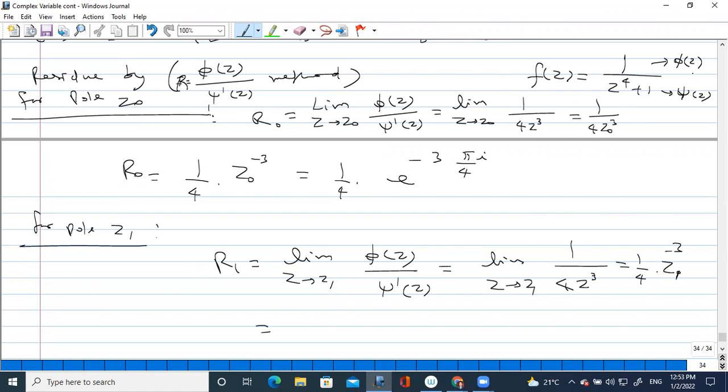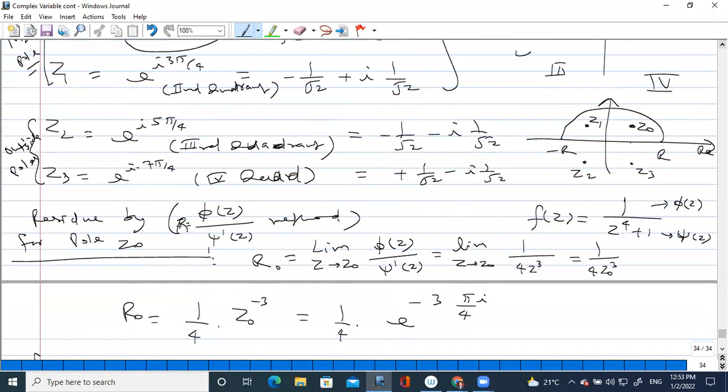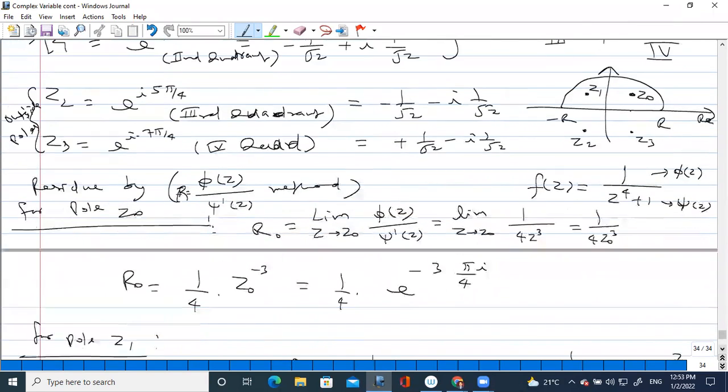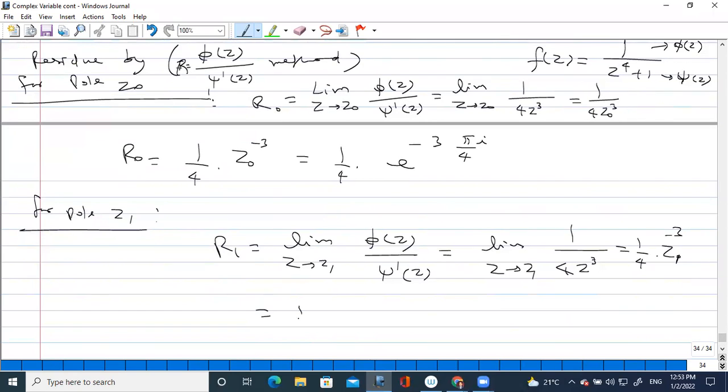So Z1 is how much? e to the power i 3 pi by 4. So 3 threes are 9. Okay, so it will become 1 by 4 e to the power minus 9 i pi by 4. So this is the answer.